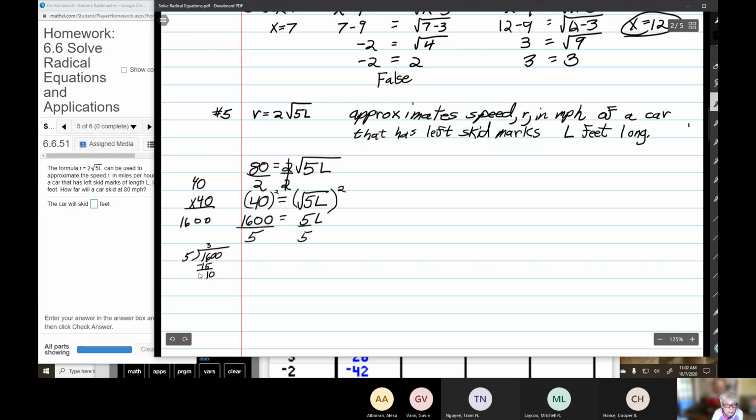Bring down the 0, that'll be 10. 5 into 10 is 2. 2 times 5 is 10. 10 minus 10 is 0. Bring down the other 0. 5 into 0 is 0. So we will get 320. 320 equals L.